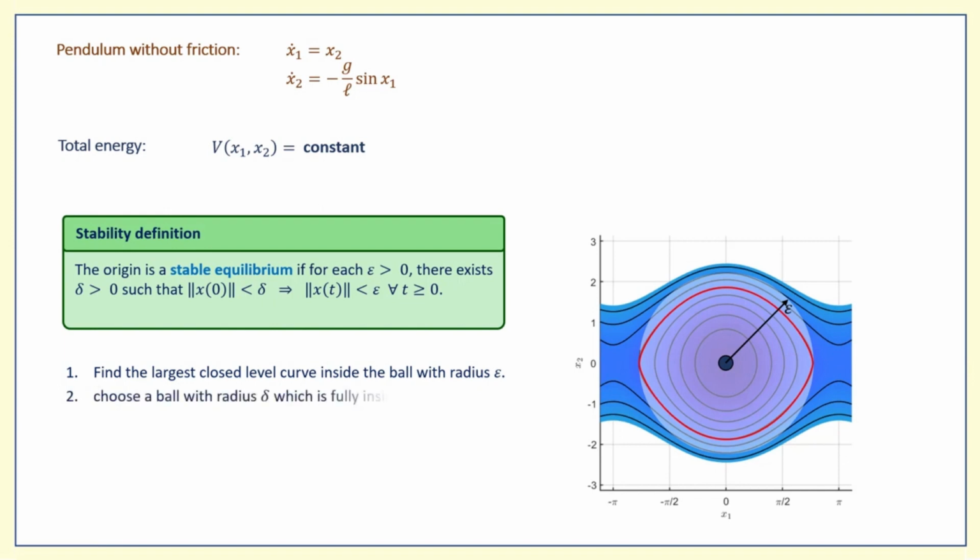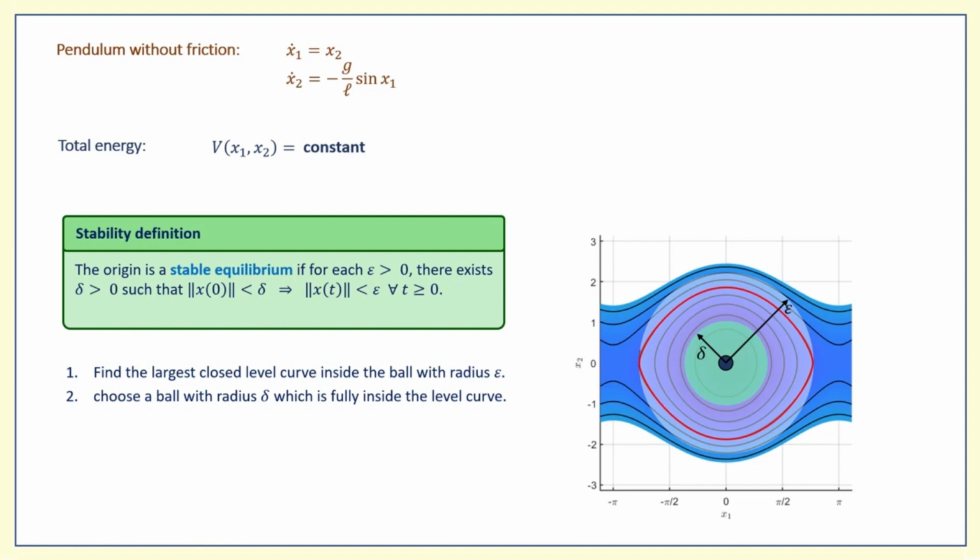If, for example, we choose this green ball with the radius delta, the trajectories of the system starting within this ball remain for all time within the purple ball with radius epsilon. In fact, the trajectory cannot even leave the white level curve as the green ball is fully within the level curve. This figure shows the largest epsilon we can choose.